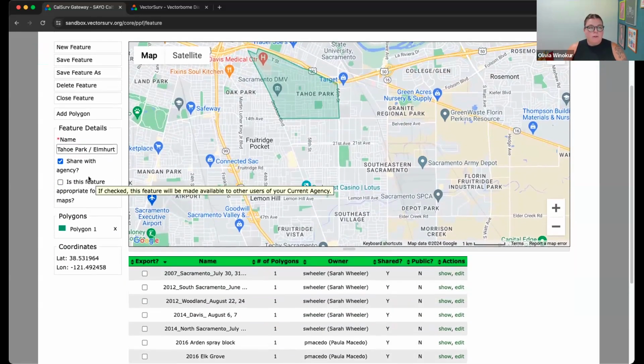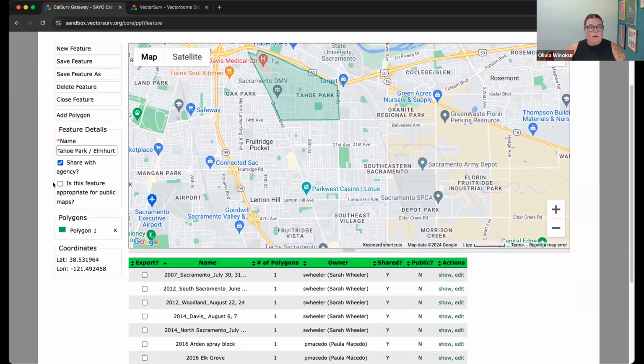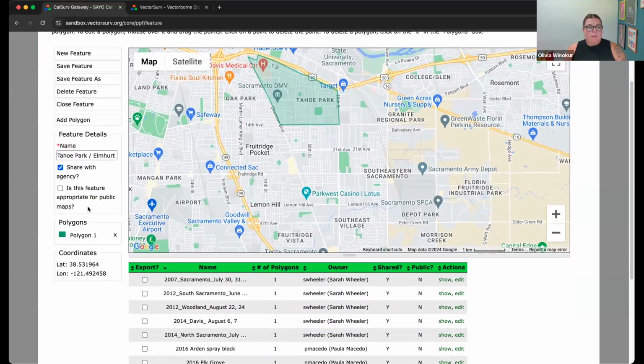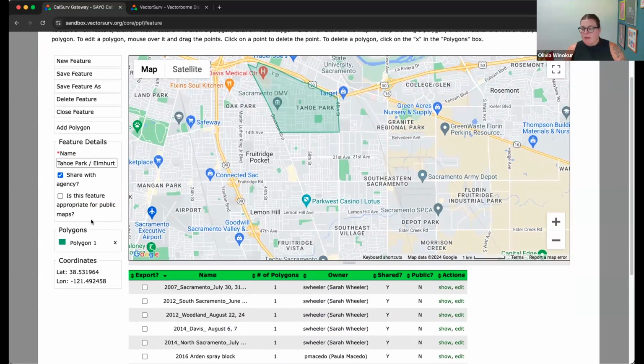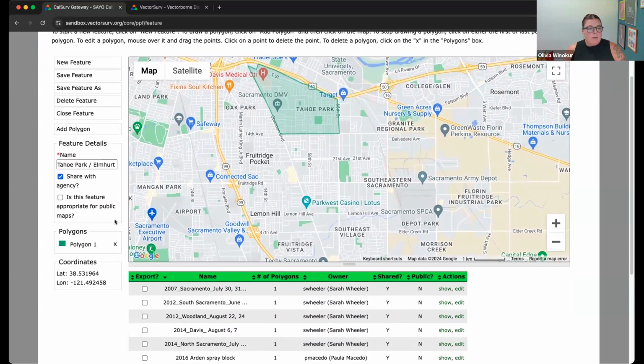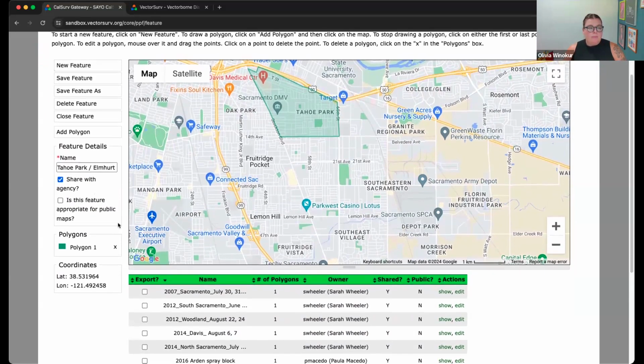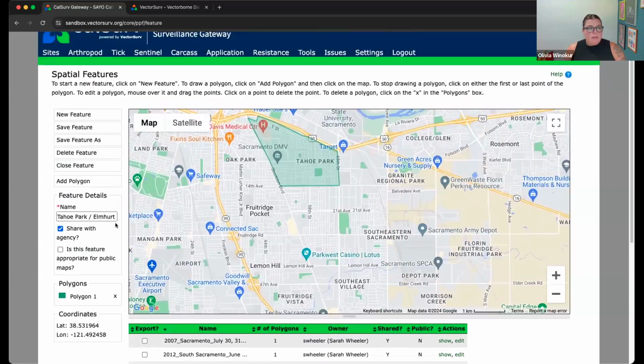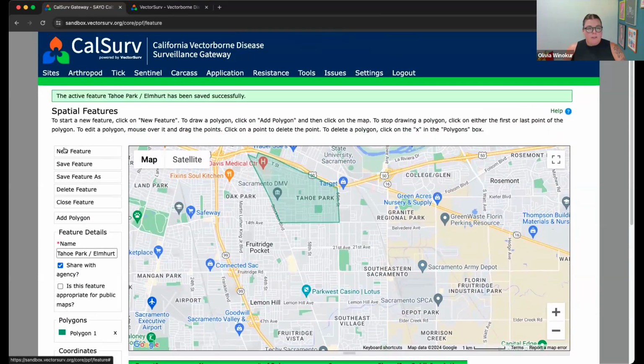But if other folks in your agency are going to also run these calculators, you may just want to share it with the agency. There's a question, is this feature appropriate for public maps? This actually doesn't do anything at this moment. The thought was maybe that we were going to create maps and incorporate these, but we haven't done that. So I can just go in and save that feature.